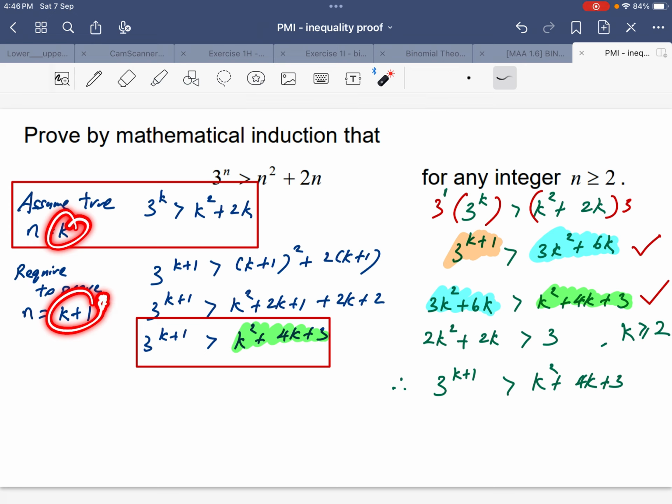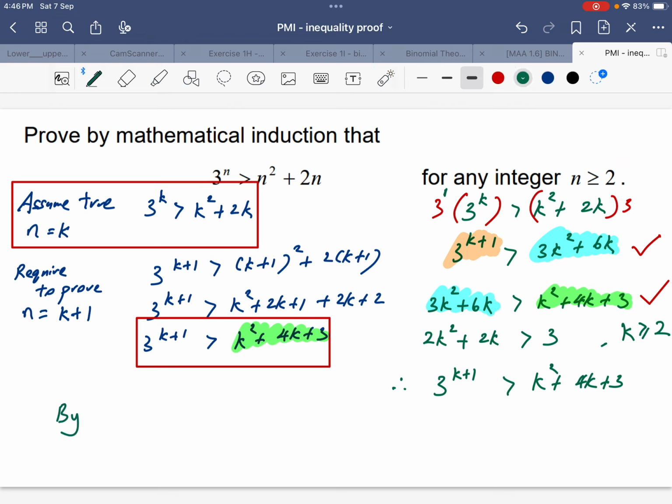Am I right? Since you have proven that the first term is correct, if k is the first term and first term is correct, then the second term must be correct. If second term is correct, then the third term must be correct. So that is the idea of induction. Hence, every term is correct as long as your n is greater than or equal to 2. That's the idea.